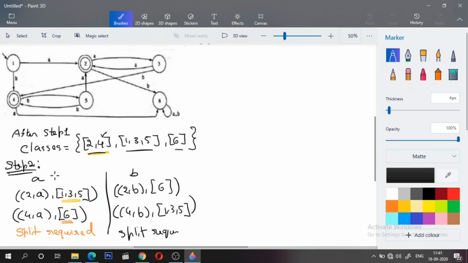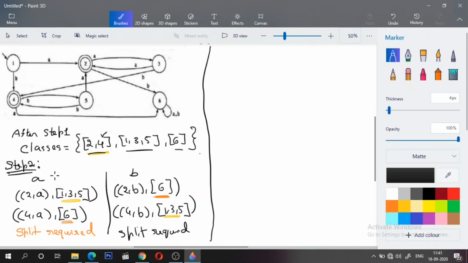Anyway the split would have been required upon A itself, but this will not make a difference, right? Because we would have split 2 and 4 upon A itself. So 2 and 4 at the end of the entire step 2 iteration will be separated.